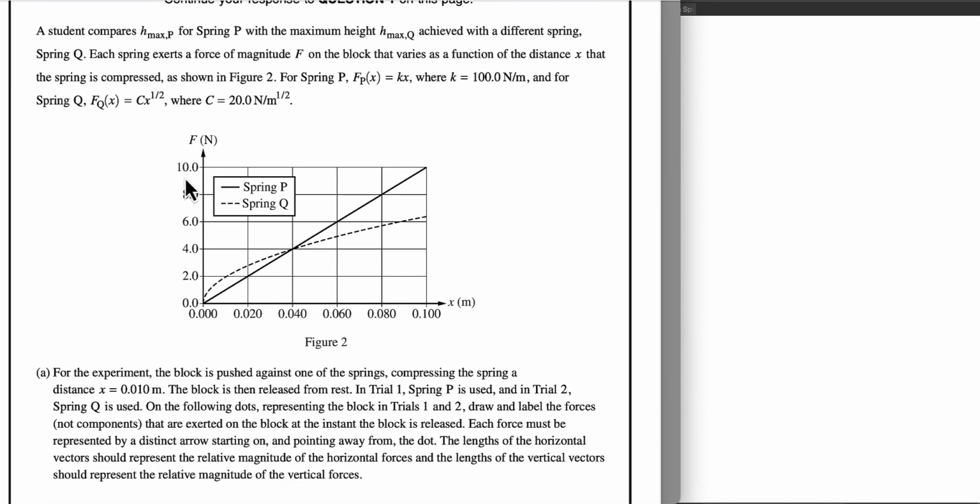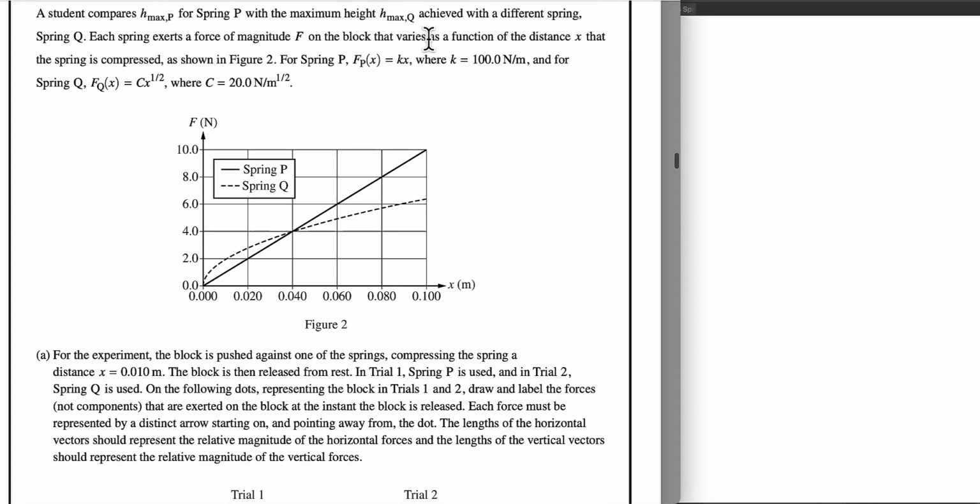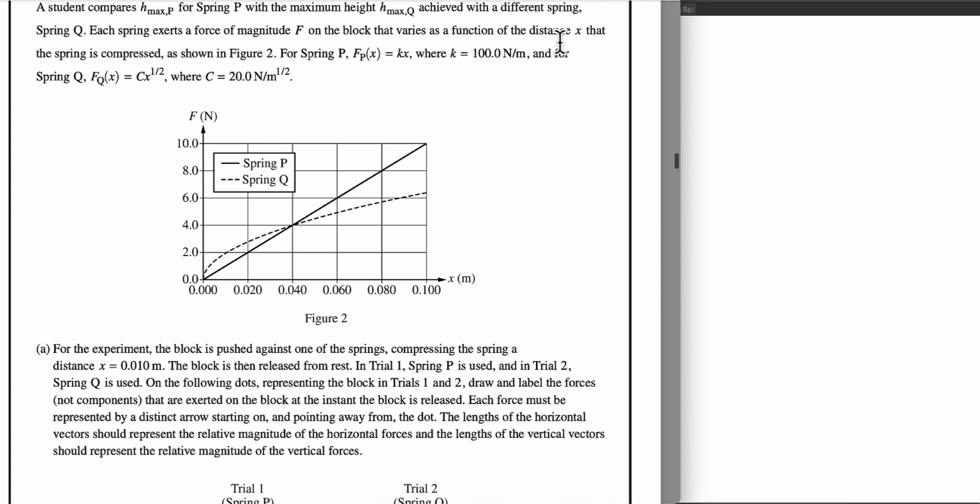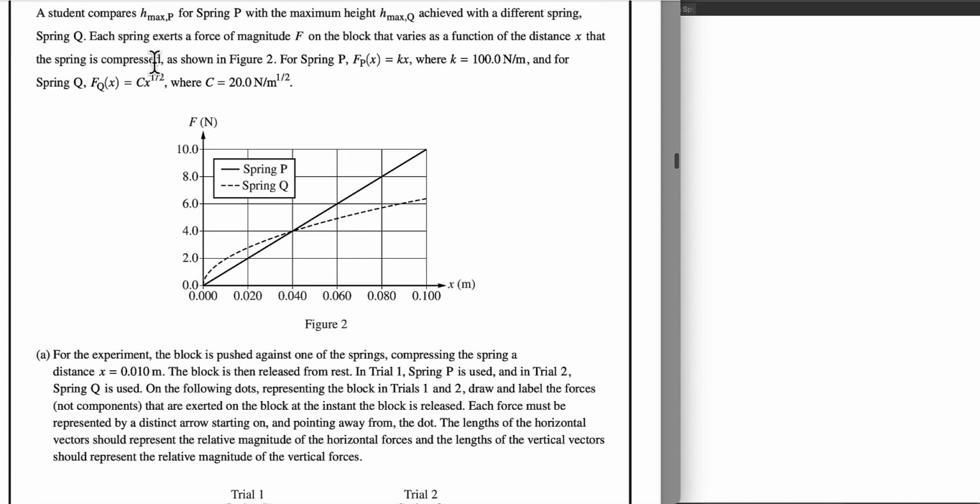Now, a student sets up an experiment to compare the h max P for spring P with the maximum height h max Q achieved with a different spring, spring Q. Each spring exerts a force of magnitude F on the block that varies as a function of the distance x that the spring is compressed, as shown in figure 2.